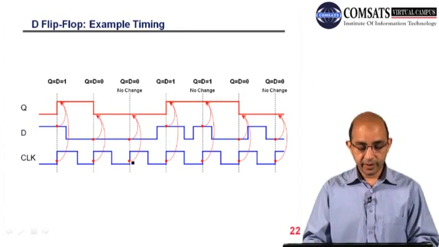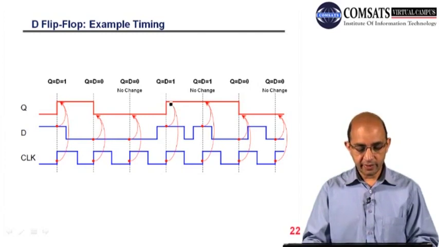And here this is the next active edge, not the level, because we are talking about flip-flops. Here you can see that Q follows D. Because D is 0 and remains 0, there is no change.